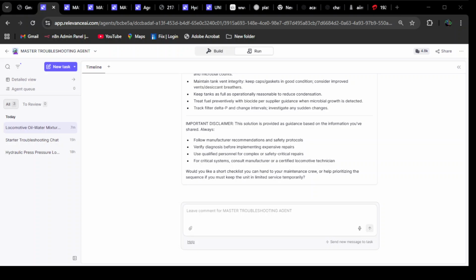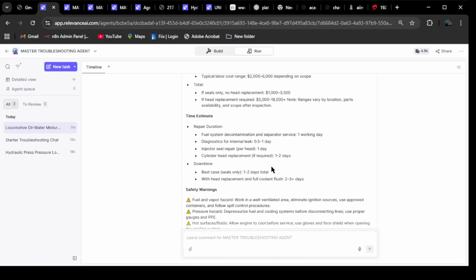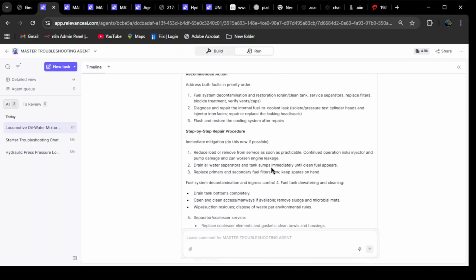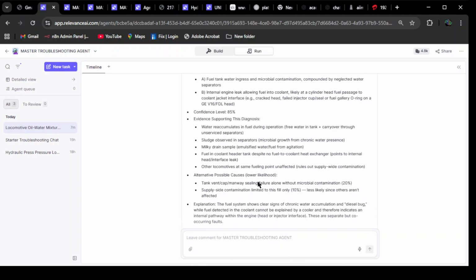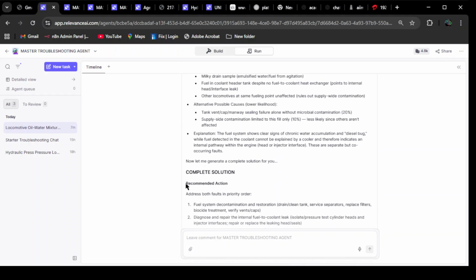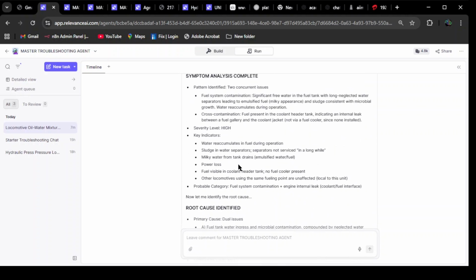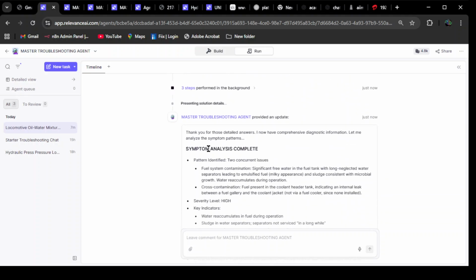So there we have a solution. So we have all this as a complete solution and the recommended action, but that's not where it starts from. Thank you for the detailed answers and have comprehensive diagnostic information.